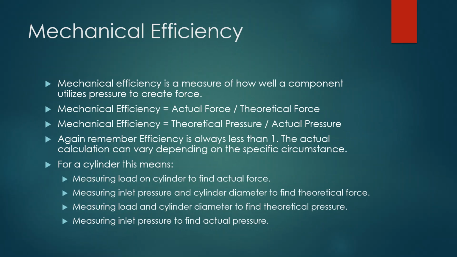Mechanical efficiency. Now, mechanical efficiency is basically, if we look at this cylinder again, let's say that to move a load, let's say our load is, I don't know, let's say it's 2,000 pounds.